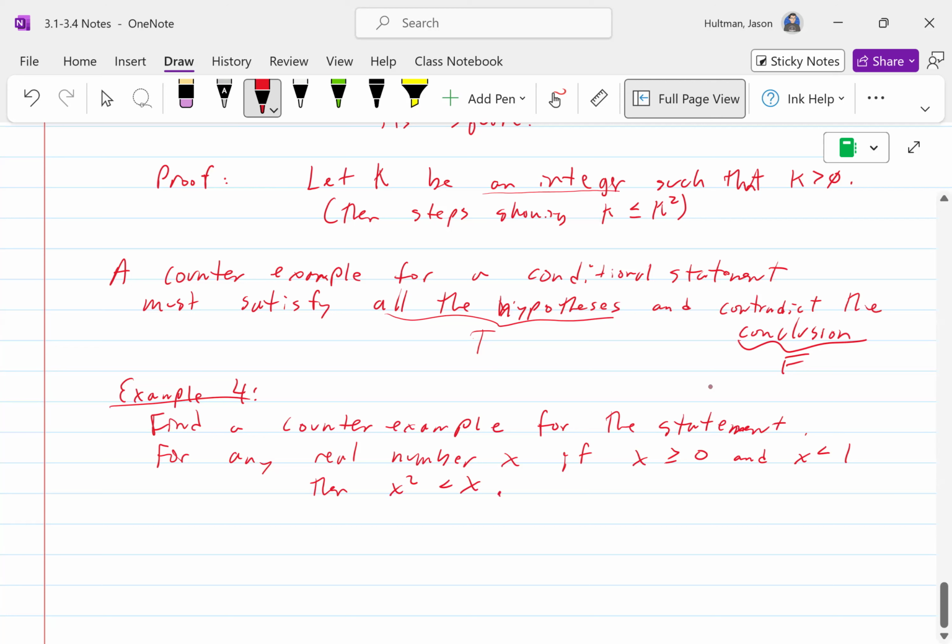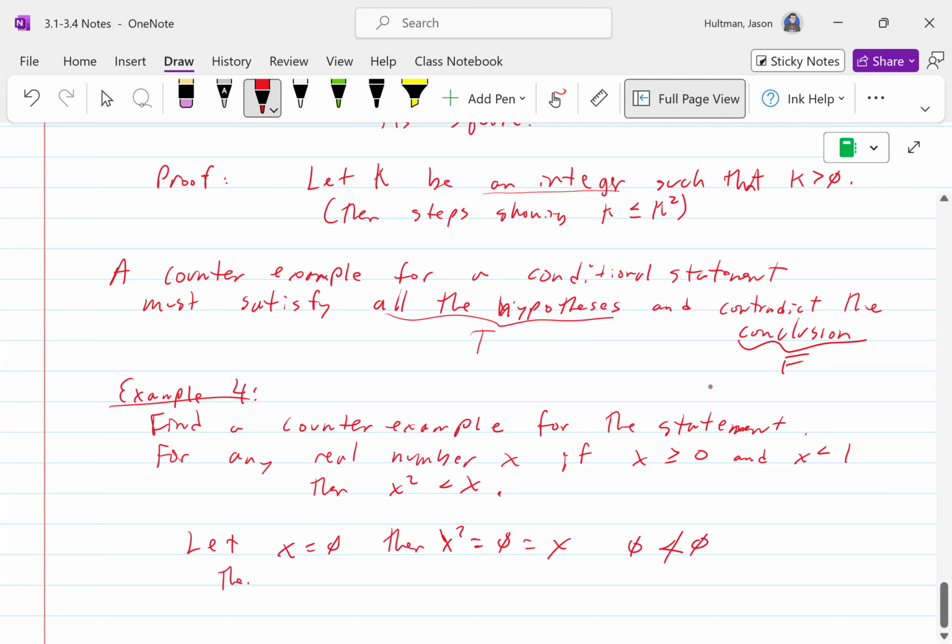Okay, so they're saying if it's between 0 and 1 or it is 0, then it's less than. Well, the counterexample would be 0. Okay, let x equal 0, then x squared equals 0, which is equal to x. Okay, 0 is not less than 0.